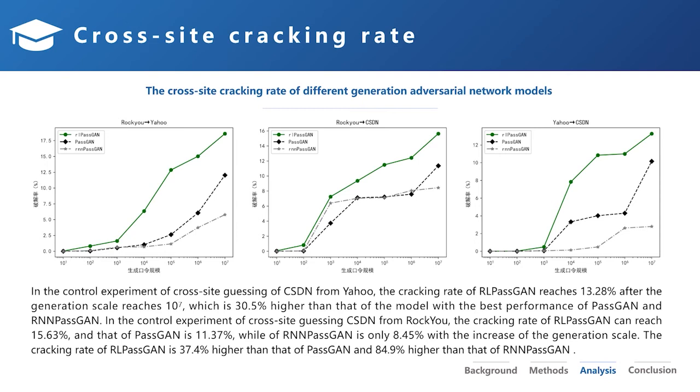In the control experiment of cross-site guessing from Yahoo, the cracking rate of RLPassGAN can reach 15.63%, and that of PassGAN is 11.37%, while the other baseline is only 8.45% with the increasing of the generating scale. The cracking rate of RLPassGAN is 37.4% higher than that of PassGAN and 64.9% higher than that of the other baseline.